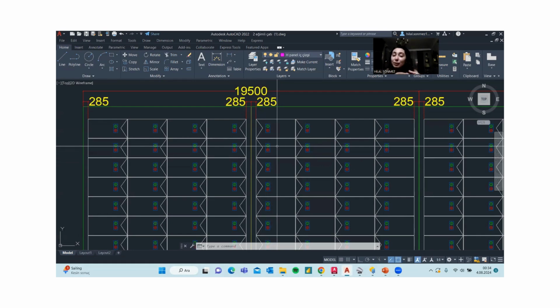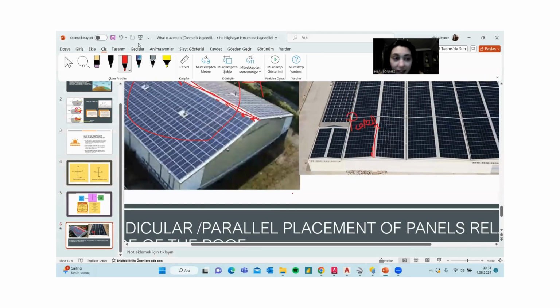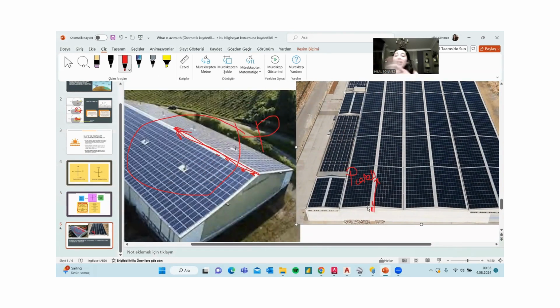If it is a perpendicular placement, we will add 90 degrees and subtract 90 degrees from the angle that we found for the azimuth of the building, the azimuth of the roof, in Pvsyst. But if it is a parallel placement, just like in that scenario, then we will not add or subtract 90 degrees, because there is no perpendicular situation between the panel placement and the ridge of the roof.